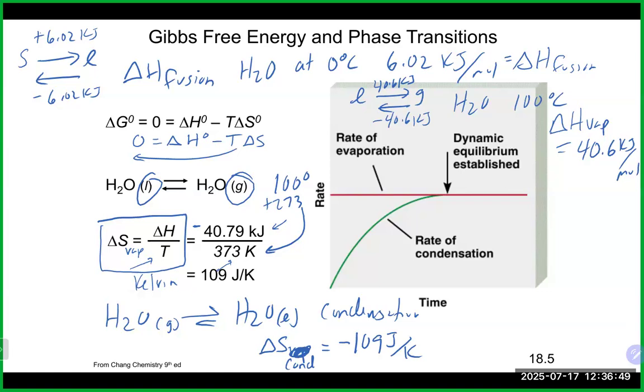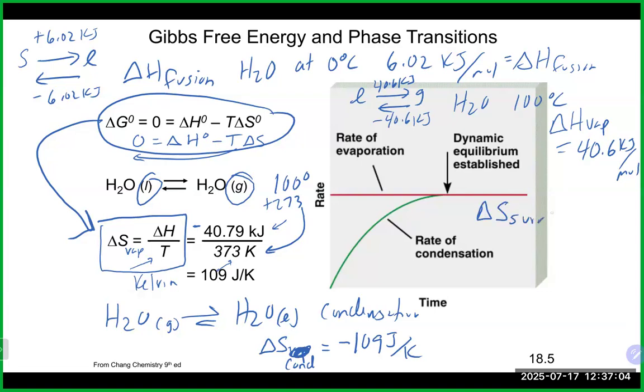More importantly, when you rearrange this equation, it may look very familiar to you because it looks very much like the delta S of the surroundings, which is negative delta H over T. The difference is that in the delta S of the surroundings, you need the negative.